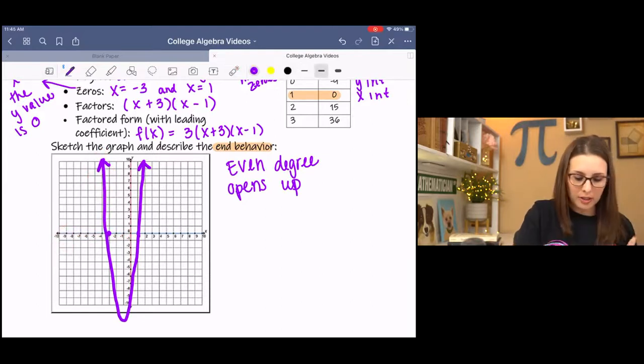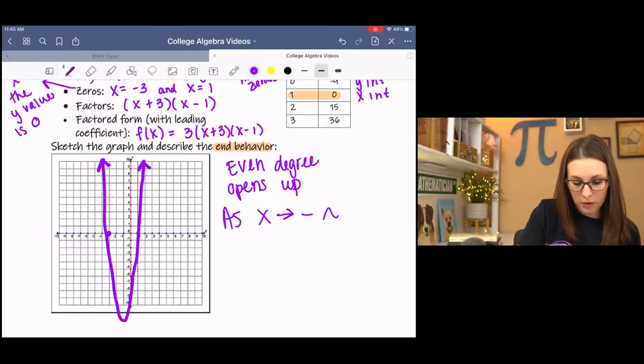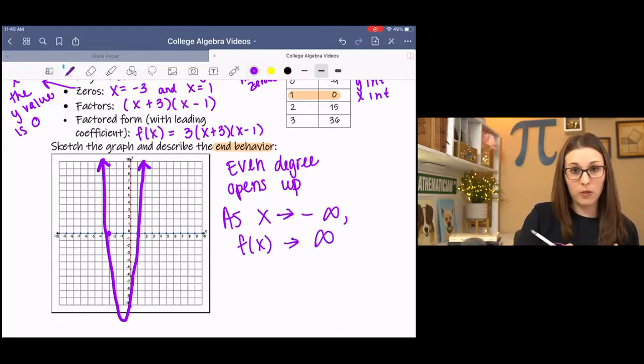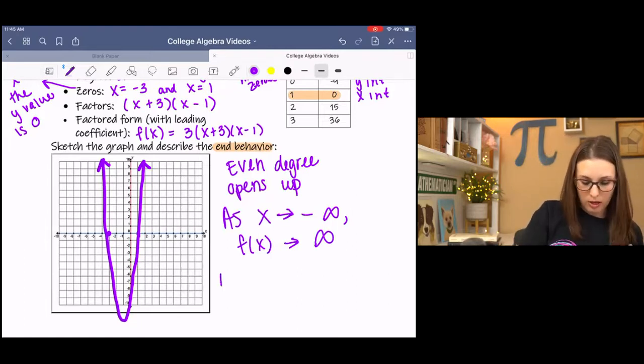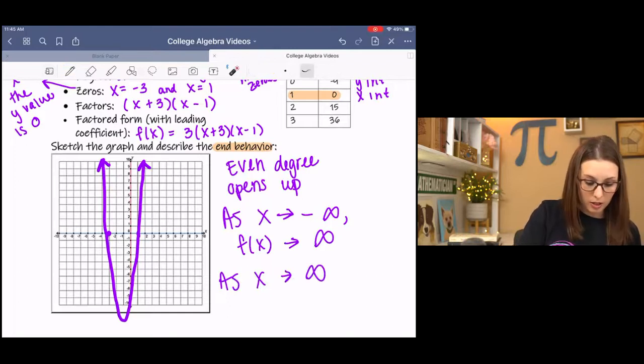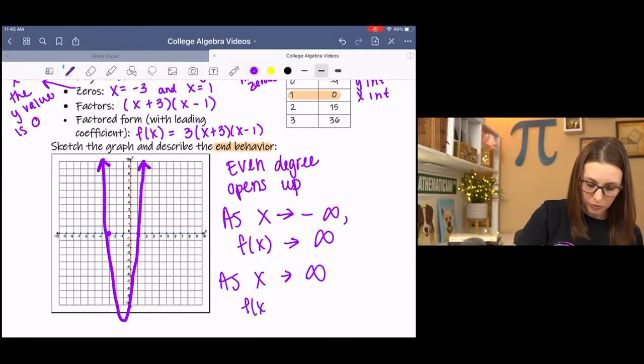So when you write that down, you say, as x is approaching -infinity, getting smaller, my y values are approaching +infinity. They're getting bigger. And then on the other side of the graph, as x approaches +infinity, getting bigger, my y values are also getting bigger. So it's also approaching +infinity.